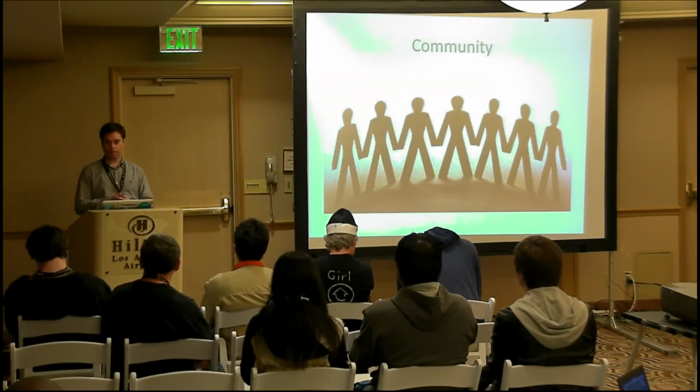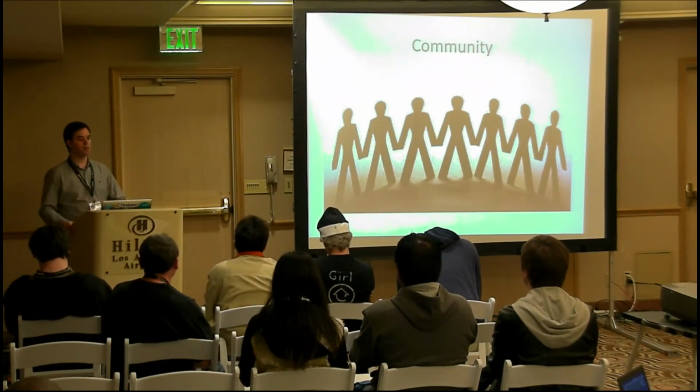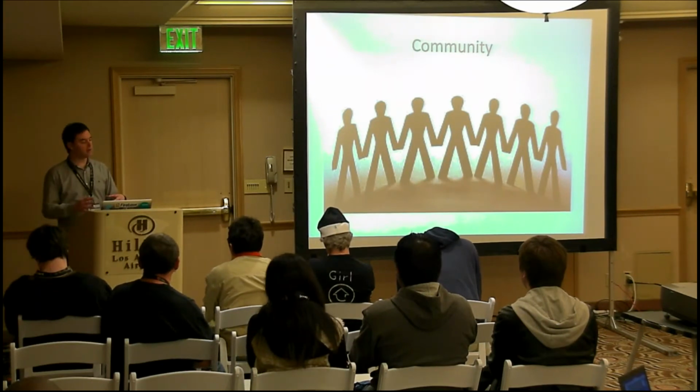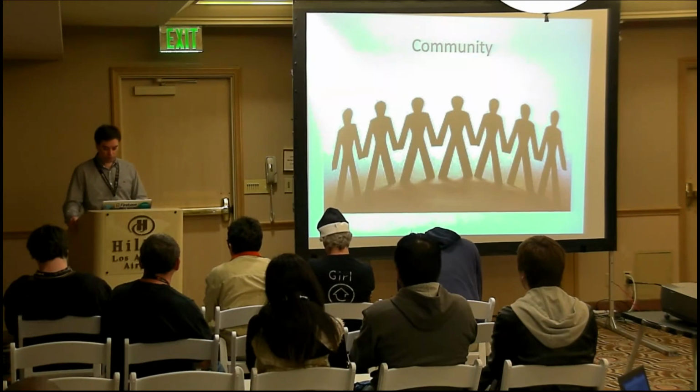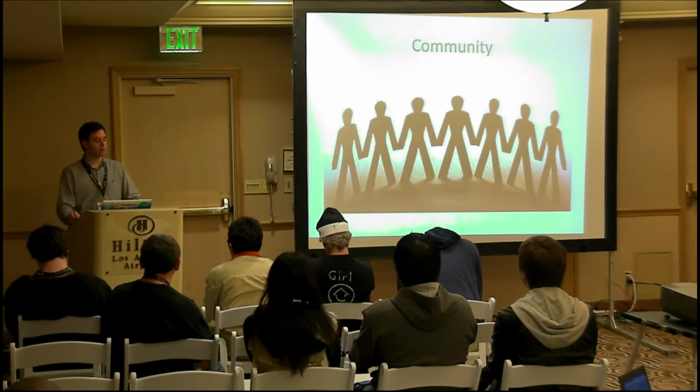There is the setting up of social media, IRC channels. All sorts of things have to go into finding developers, getting them excited about the project, and getting them involved. So if you're going to have a successful open source project, these are very important things.